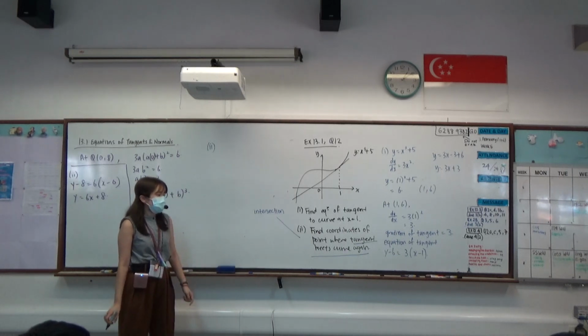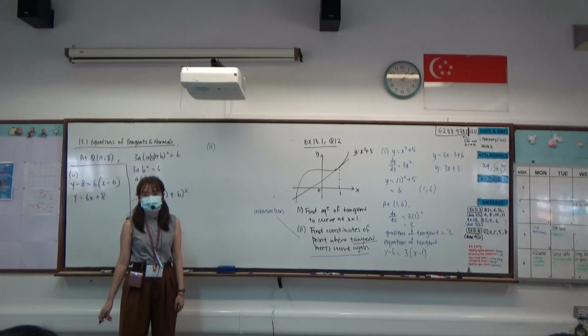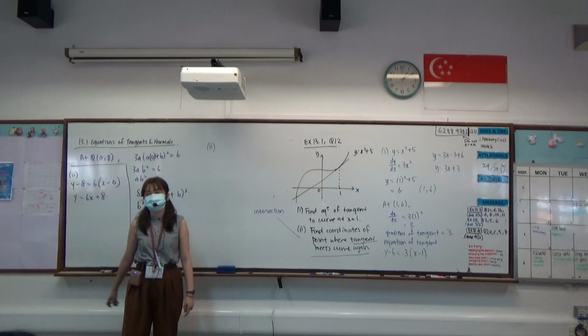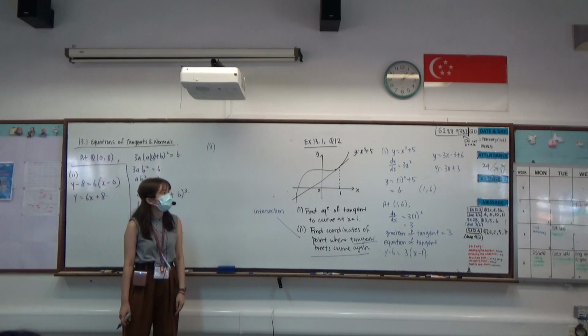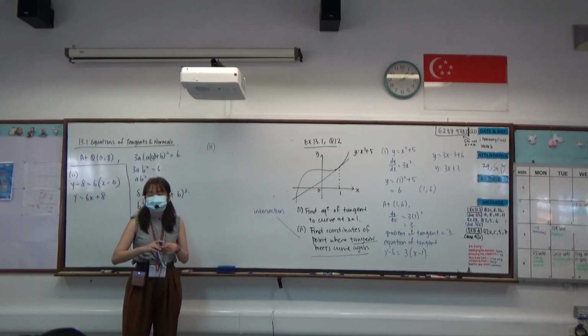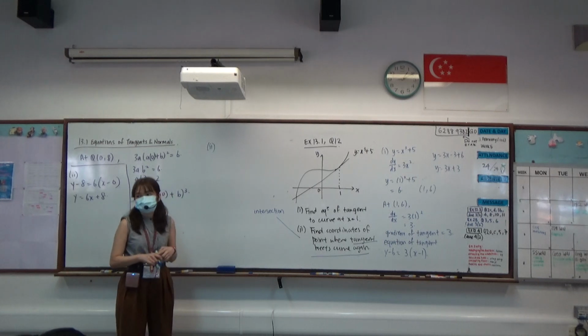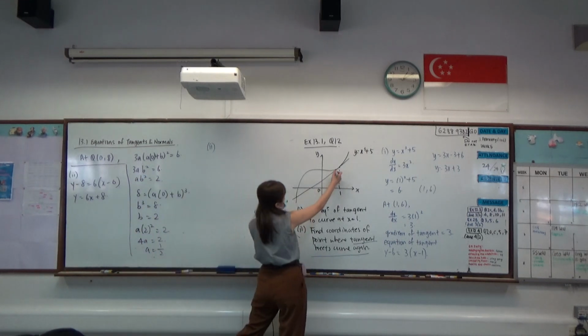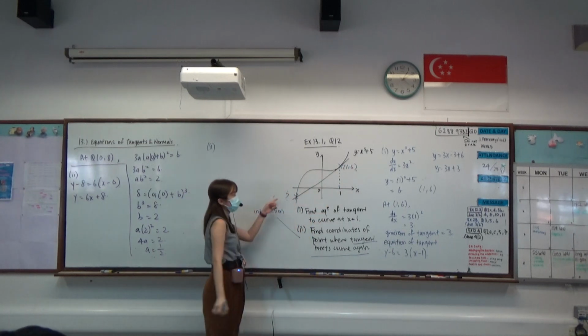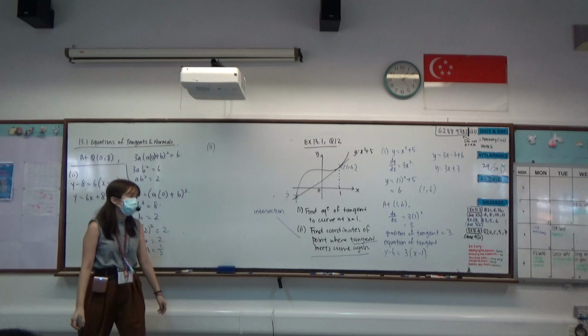Okay, so since we want to find intersection, then what must we do? Ying, what must we do? This is the point (1, 6) already, right? We are trying to find this point though. How must we do?